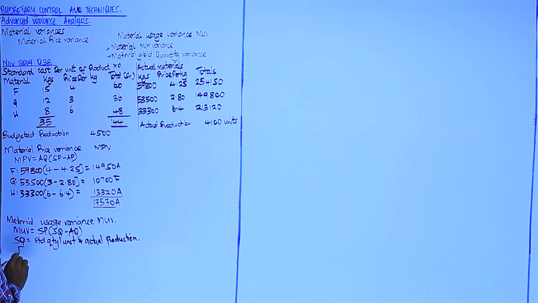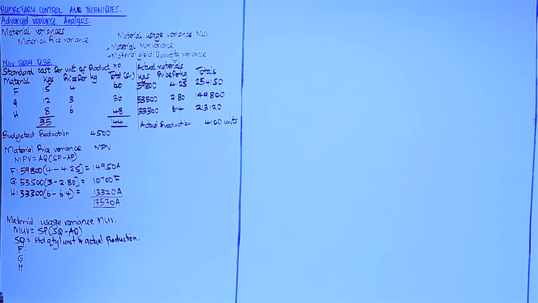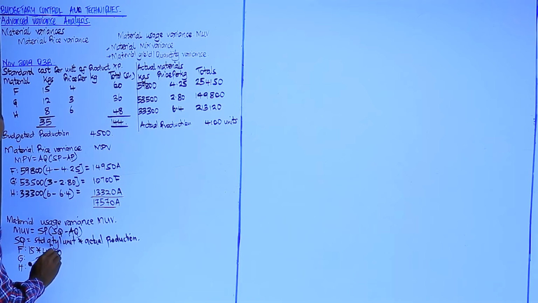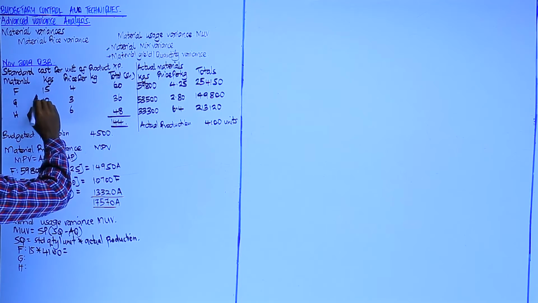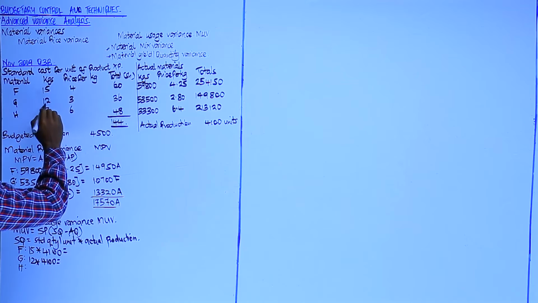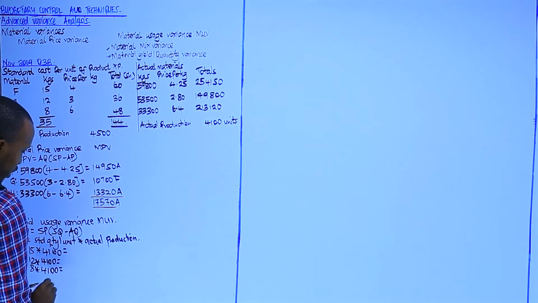Material F, G, and H. Your standard quantity per unit in kgs was 15. You multiply by an actual production of 4,100 units. For G, your standard quantity per unit in kgs is 12, multiplied by 4,100. For H, this is 8 by 4,100.